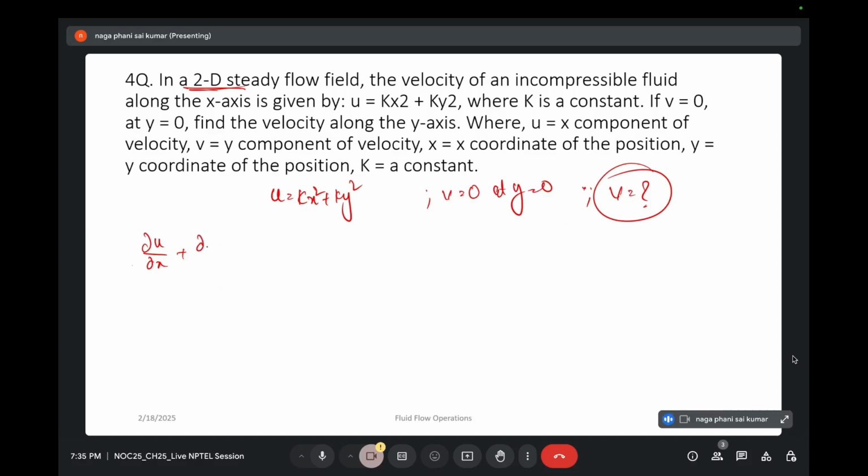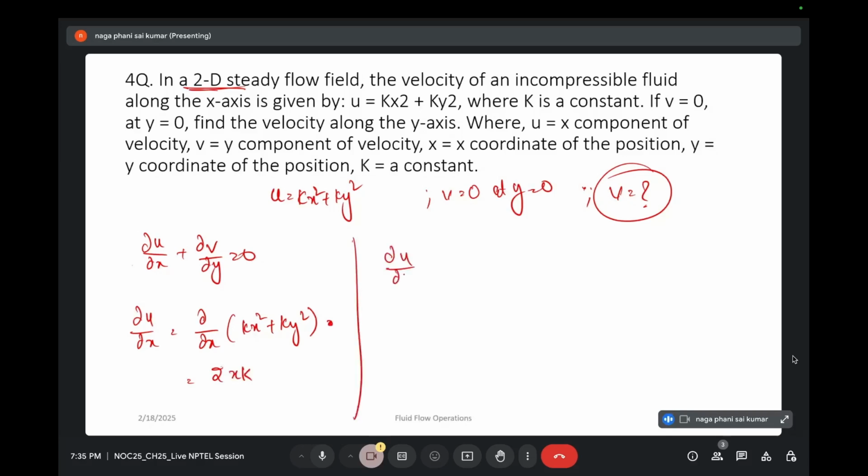So what is the value of ∂u/∂x? It will be ∂/∂x of (kx² plus ky²), so this becomes 2kx. Substituting into ∂u/∂x plus ∂v/∂y is equal to 0, we get 2kx plus ∂v/∂y is equal to 0.